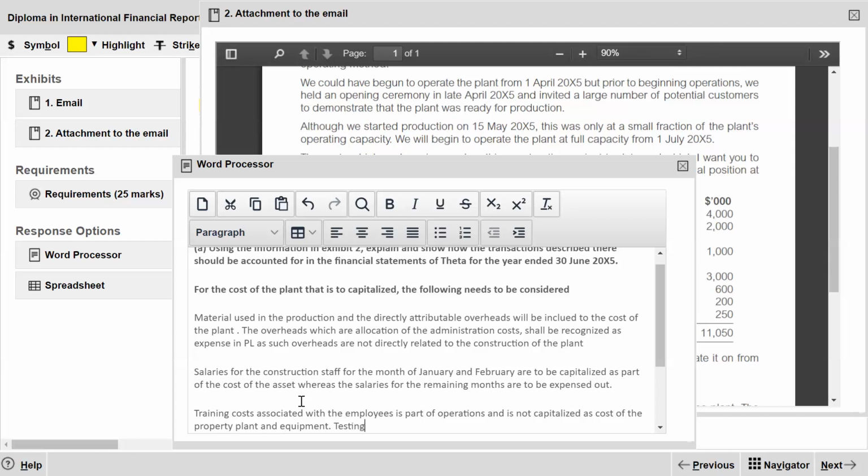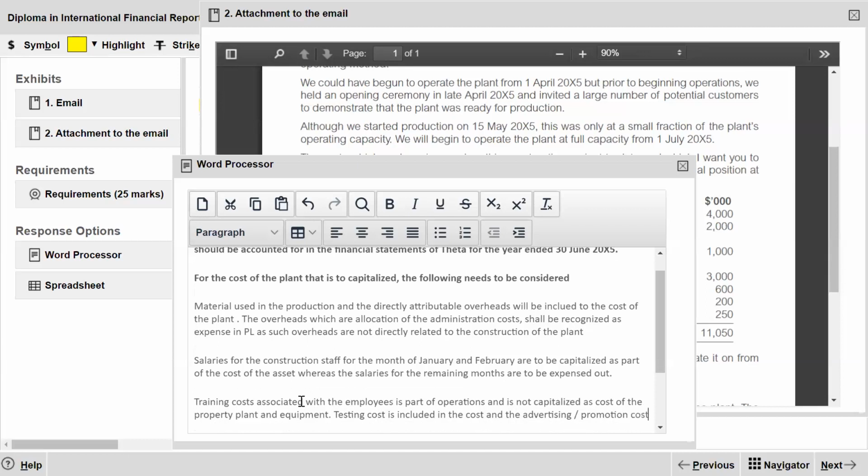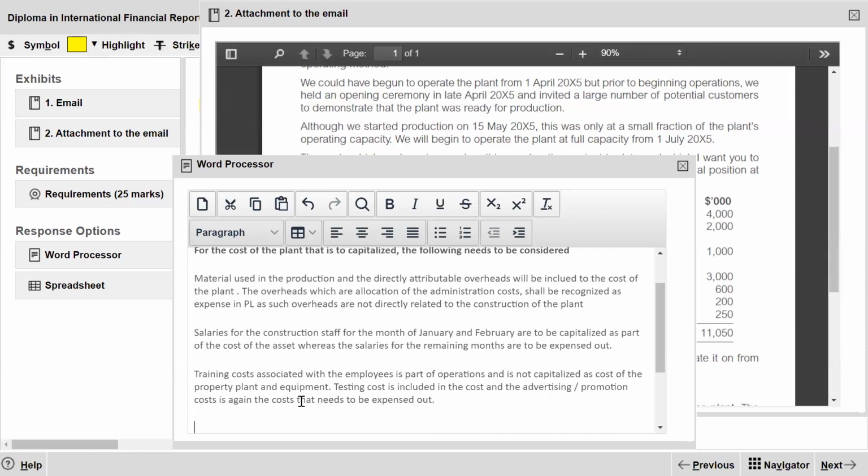The testing cost is included in the cost, and the advertising and promotion cost is again a cost that needs to be expensed.